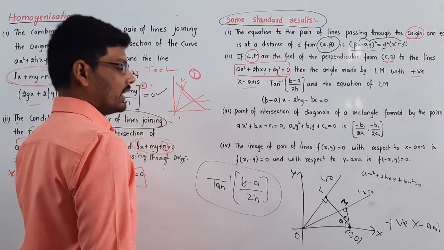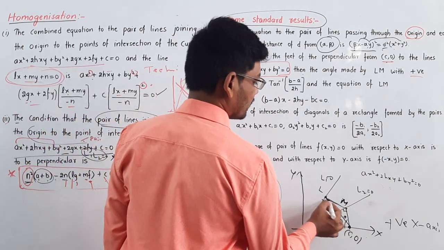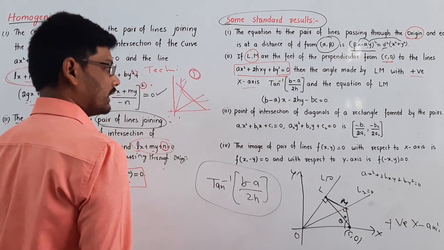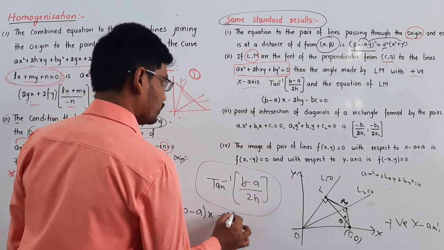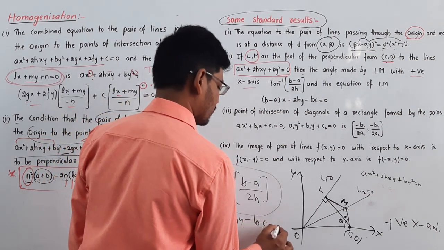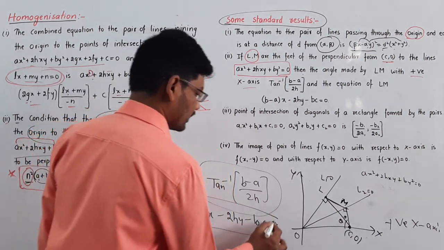Then if you want to find the equation of LM, that is (b minus a) into x minus 2hy minus bc is equal to 0. This is the equation of LM.